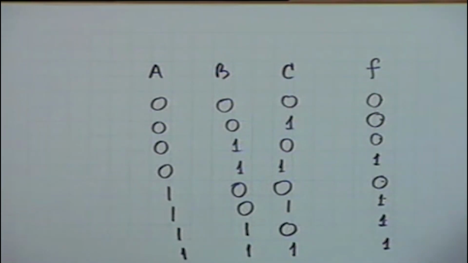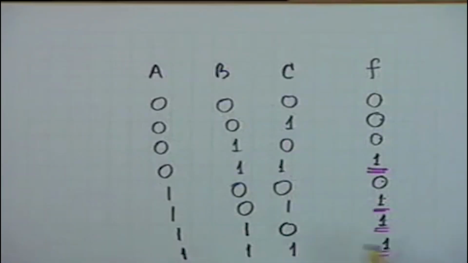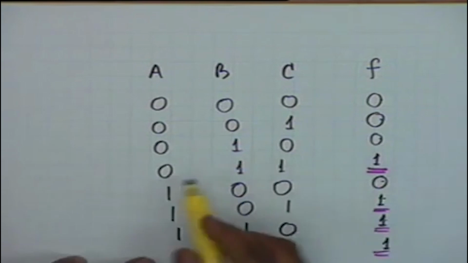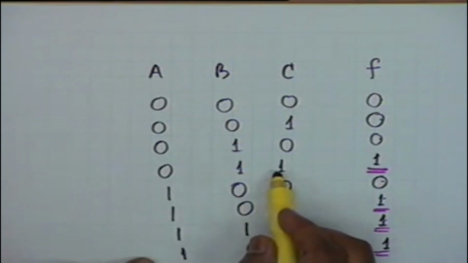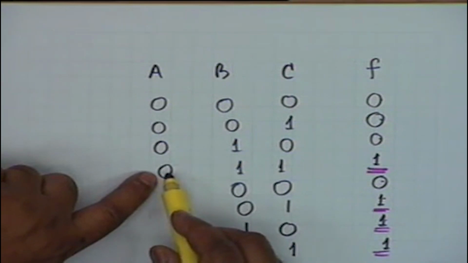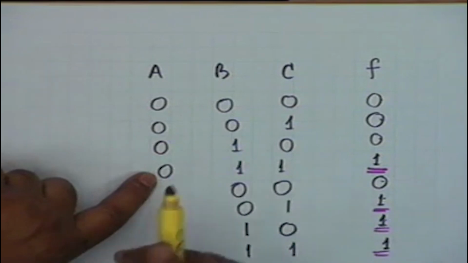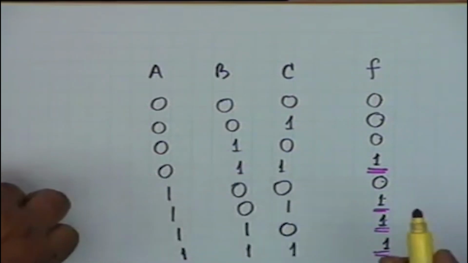logical expression. And as I had said, all that you have to do is to look at the rows in which the results are 1, and OR them. That is, you write the logical expressions corresponding to these. For example, this row will represent A bar, B, C. Wherever there is a 0, you take the complement. Wherever there is a 1, you take the variable.